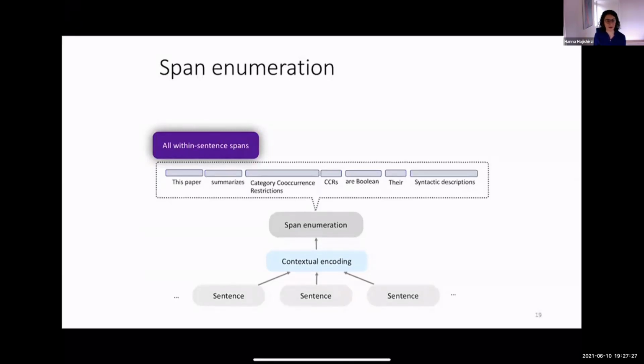Things like this paper summarizes, CCRs are Boolean, and so on. So we enumerate all possible spans. We used some heuristics not to overdo it, but we looked at sequences of up to n tokens within sentences. Then the important step is how we encode phrases when we only have token encodings.